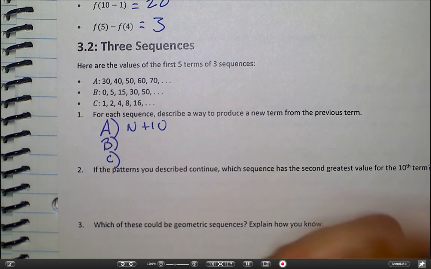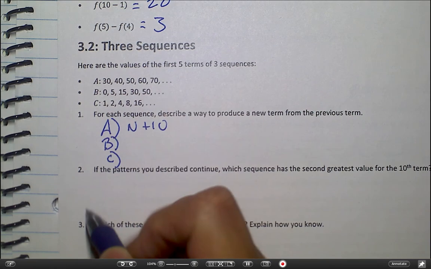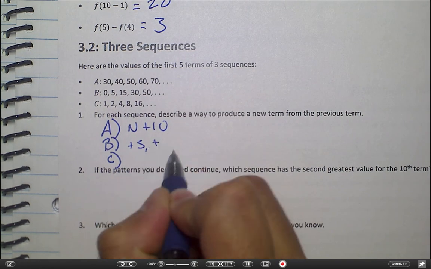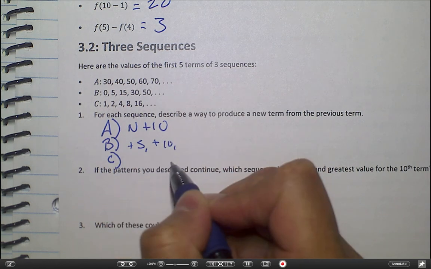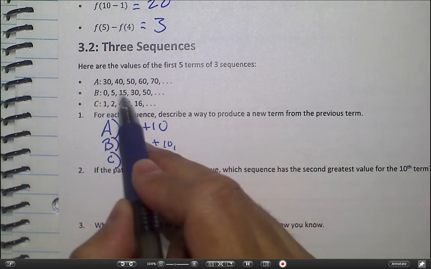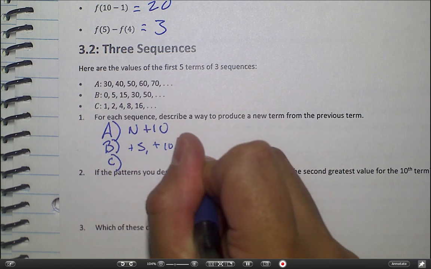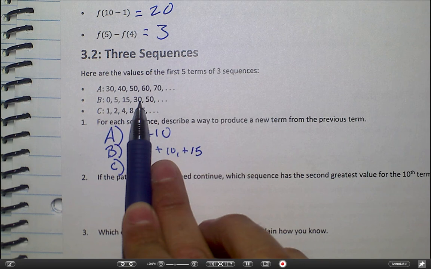So look to see. From here to here, it's what? Plus 5, right? The next one is plus 10, right? Yeah, plus 10. What's the next one? Plus 15, right? Plus 15 to get that one.